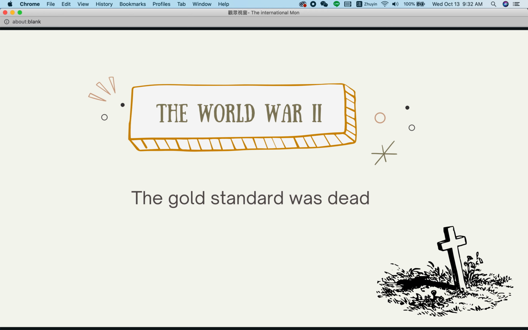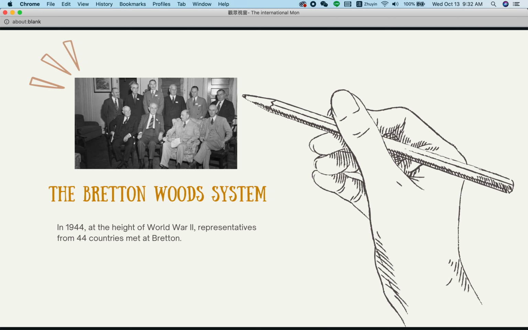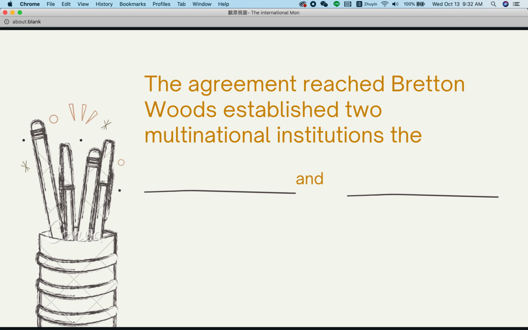Okay, so the agreements which Britain would establish created two international institutions: the International Monetary Fund and the World Bank.